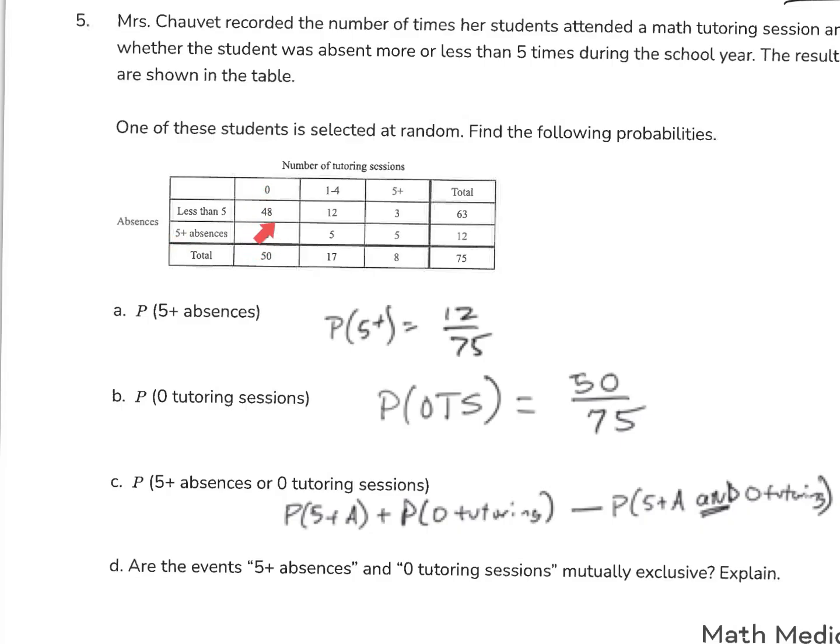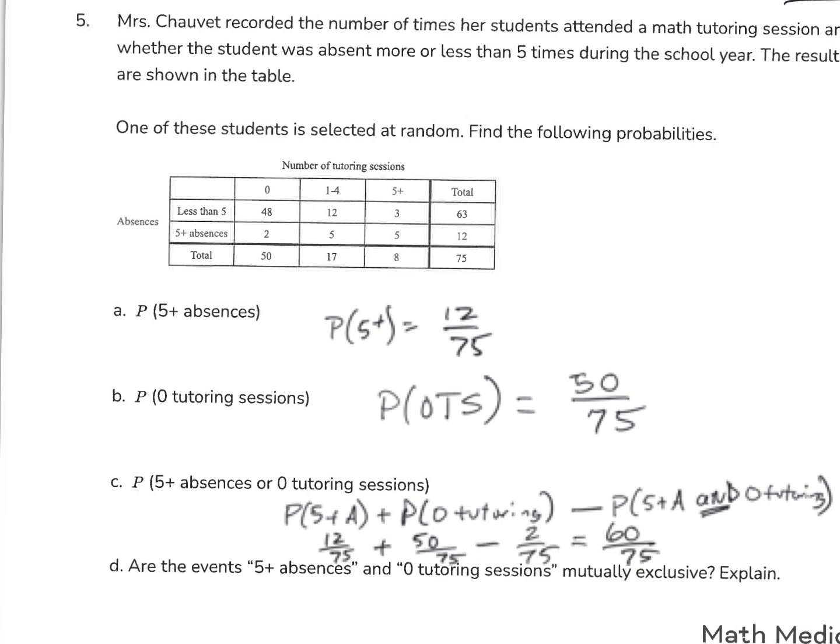The intersection is 2 out of 75. So overall, this should be 12 out of 75 plus 50 out of 75 minus 2 out of 75, because there's two that are an and statement, so that would be 60 out of 75 overall.